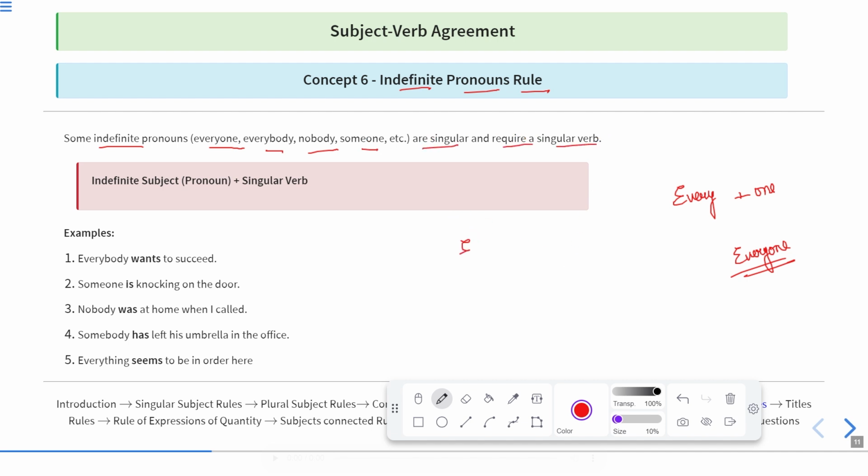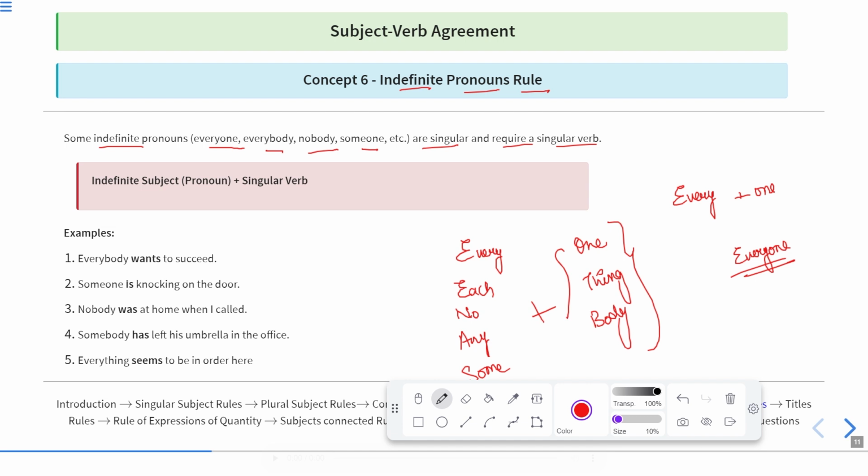Okay. Now, whenever we have a word every, each, no, any, or some, if they are combined with one, thing, and body, they will make an indefinite pronoun, thus making it singular always.